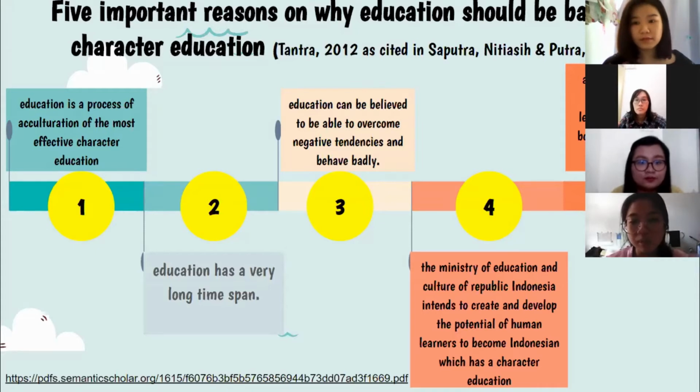So the Ministry of Education creates and develops the potential of human learners to become more holistic in gaining their knowledge. It is an investment system of values to educators, learners, and also education in both formal and non-formal situations.